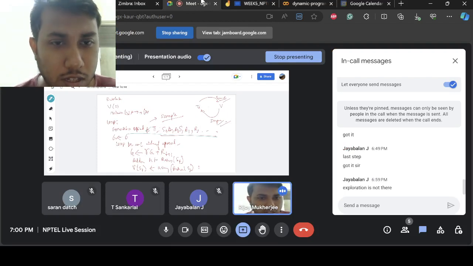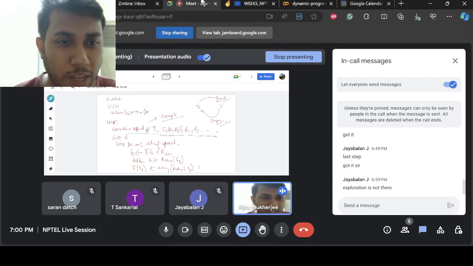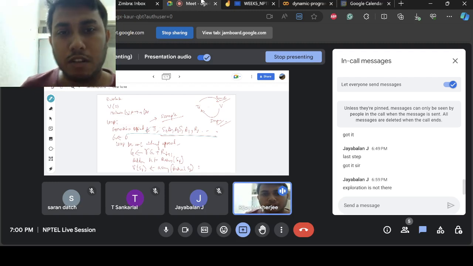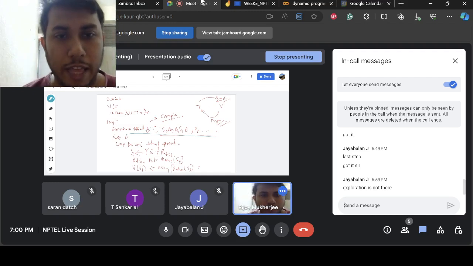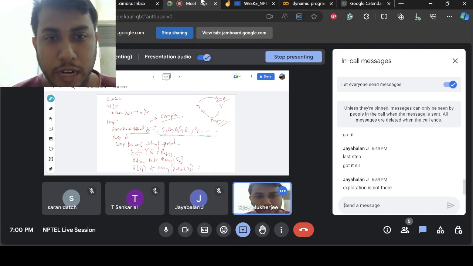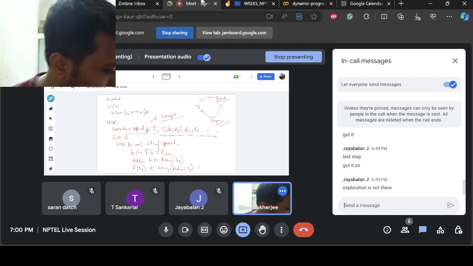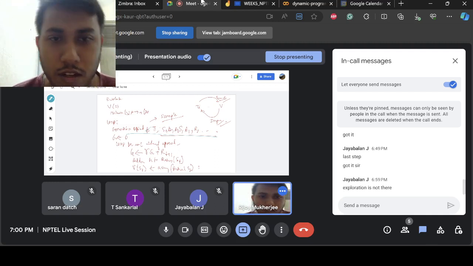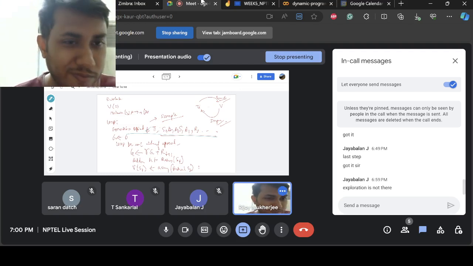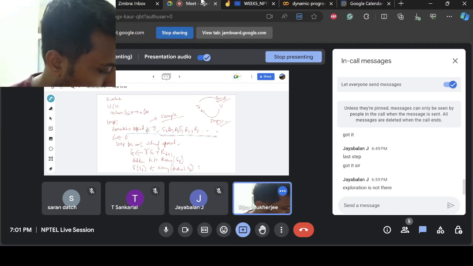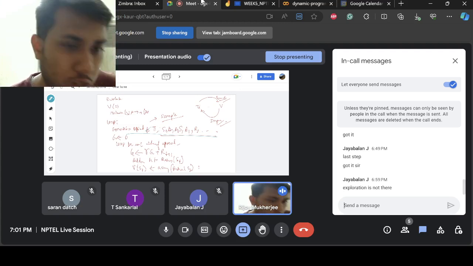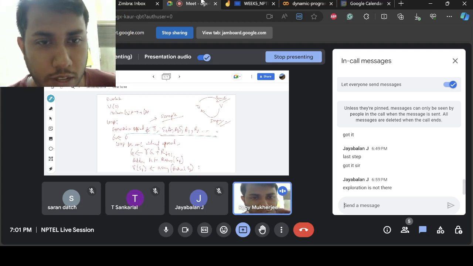Let's say action C or D has some other probability. You sample based on that probability, and then you continue the work. Right, that gives you the exploration part, and that is how your Monte Carlo improvement is happening.